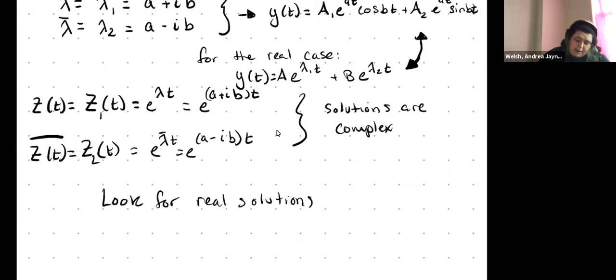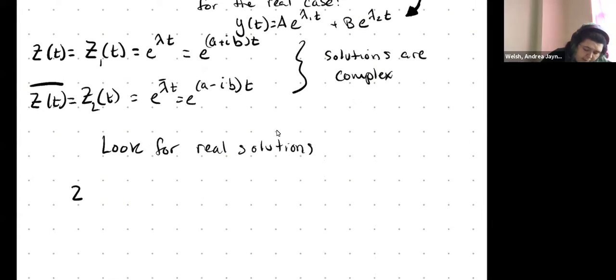Now I'm going to rewrite my z(t). I'm going to use this property of exponents, where if I have a sum or minus in an exponent, I can break this up as a product of exponentials, with e^(ibt).